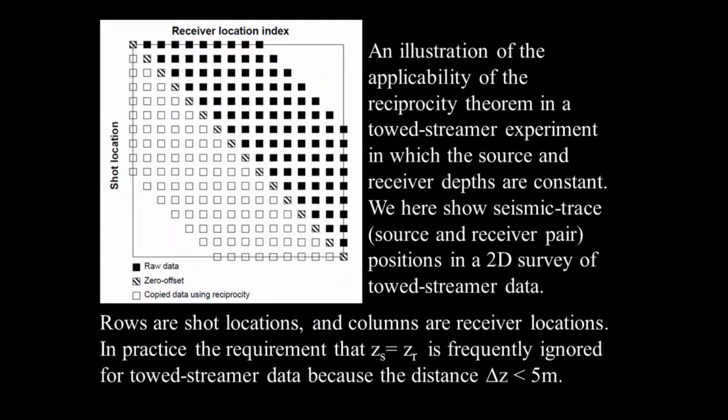In practice, the requirement that ZS equals ZR is frequently ignored for towed streamer data because the distance, delta Z, is less than 5 meters. The filled squares are recorded traces, and the empty squares are deduced from recorded traces by reciprocity.